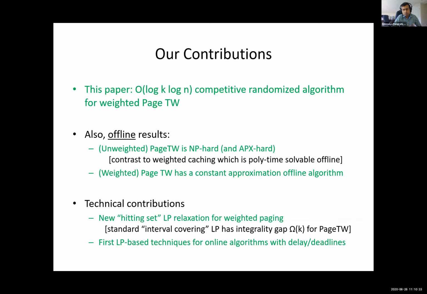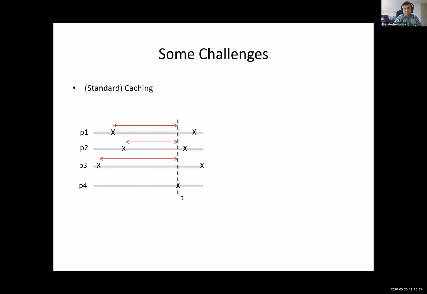So I don't have time to go into the technical details of the result, but I'll give you a glimpse of two of the main challenges that we grapple with in this paper. So let's think of standard caching. What I've shown here are a bunch of pages, and the crosses on those lines are the requests for those pages.